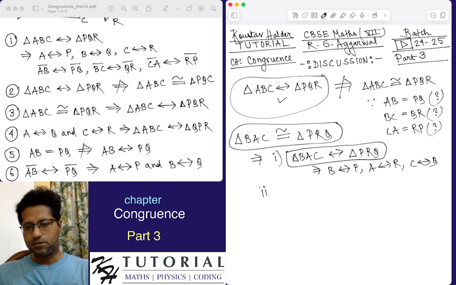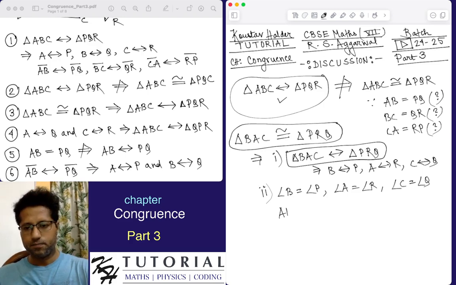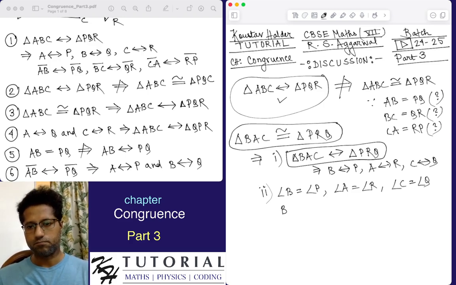Second, since they are congruent, the corresponding sides will be equal, the corresponding angles will be equal. So this automatically says that angle B is equal to angle P, angle A is equal to angle R, based on the correspondence, angle C is equal to angle Q, and also we have to be very careful regarding naming the sides, which will be specific to the ordering of the letters in the name of the triangle we have used in expressing the congruency.